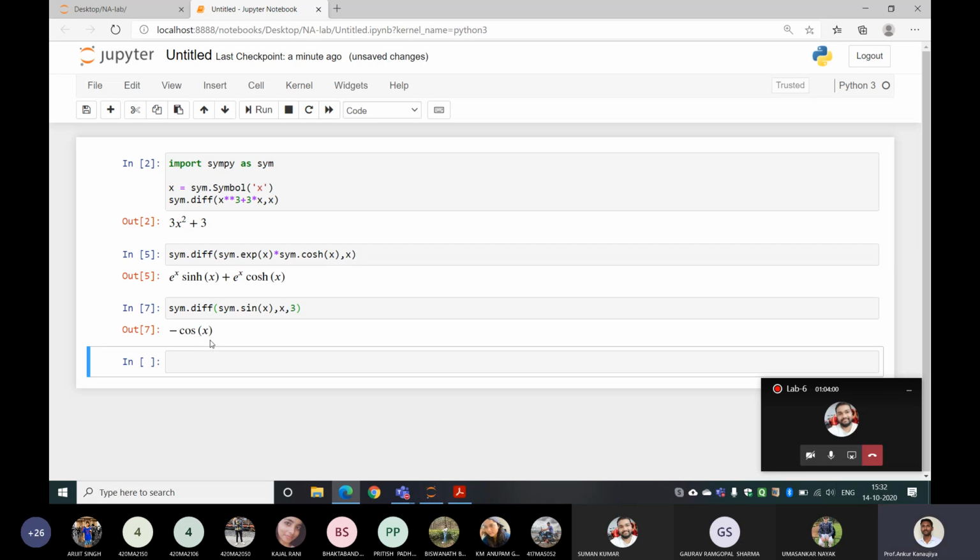Anyone have doubt in this, how to do differentiation in Python? Then we'll do integration. Can anyone tell what will be the command for integration? Just your guess. INT.